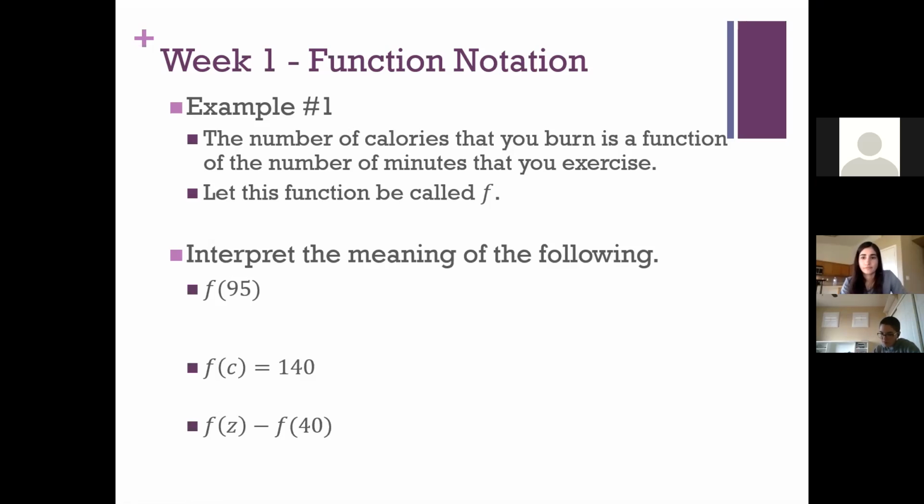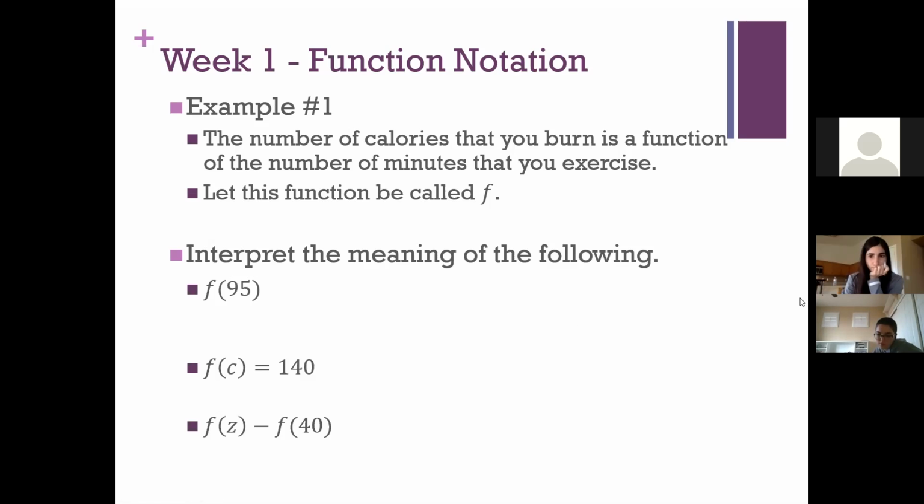Okay, so you've exercised for 95 minutes. Actually, why don't you go again? I think I lost you for part of this. The 95 would be 95 minutes of exercising. So it's saying a function of you exercising for 95 minutes. Okay, thank you, Rand. A function of you exercising for 95 minutes.